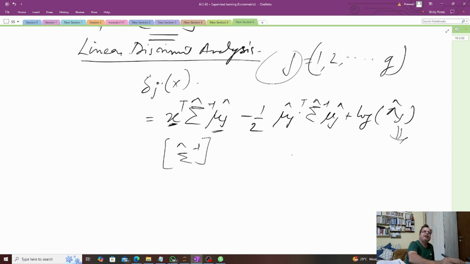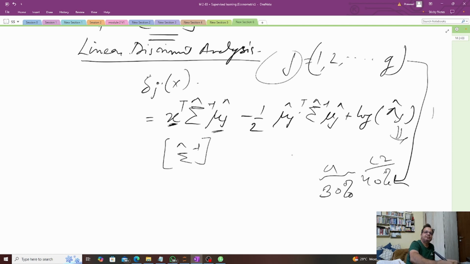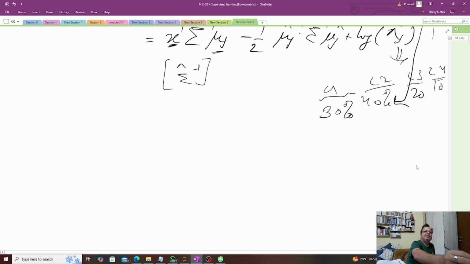So what happens, let's suppose in a particular scenario, by historical evidence, 30% is your class 1, 40% is class 2, 20% is class 3, and 10% is class 4, then your pi j can take the values 0.3, 0.4, 0.2 and 0.1.